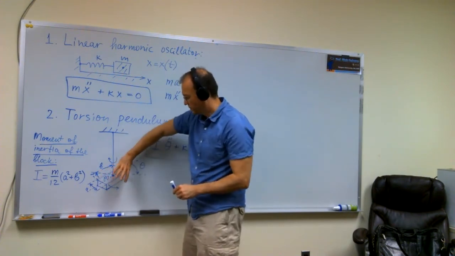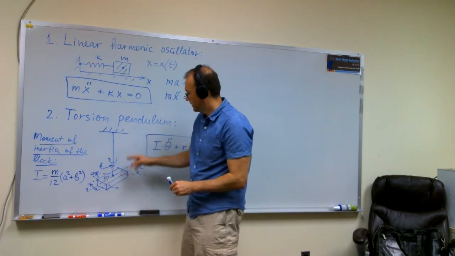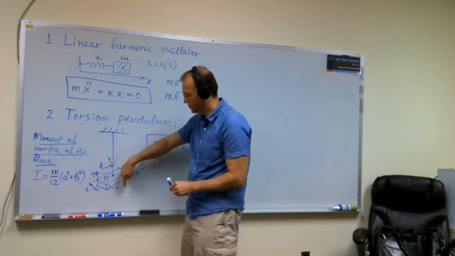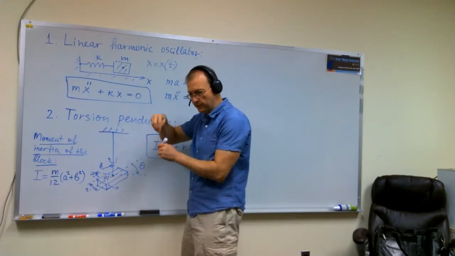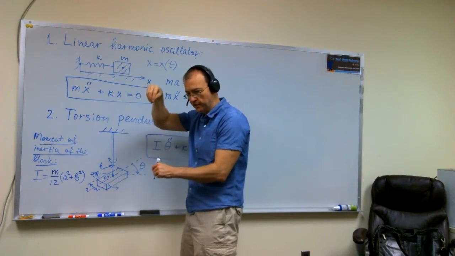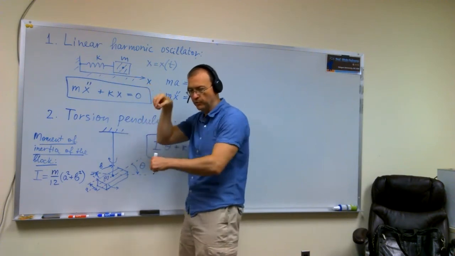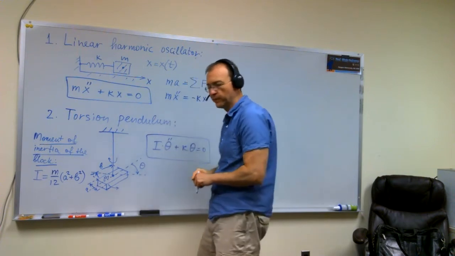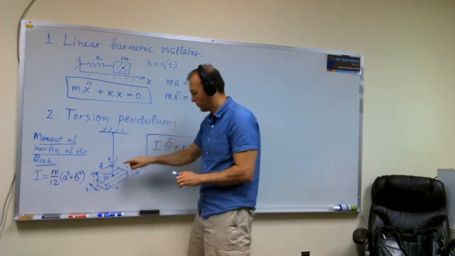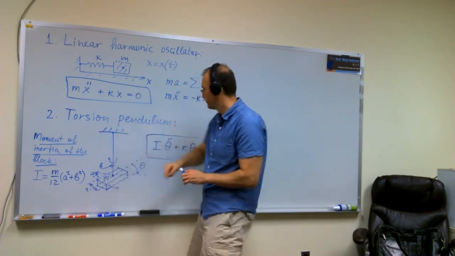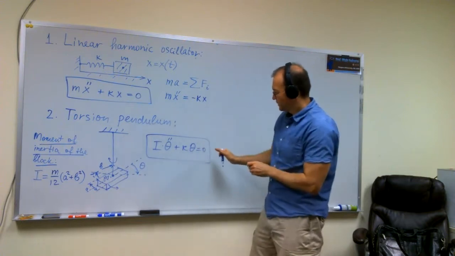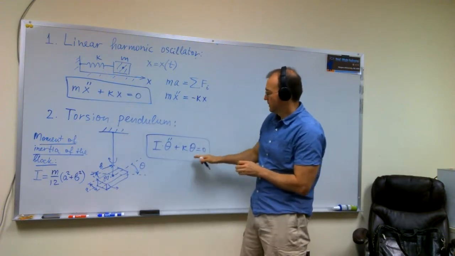And these rotations are caused by the torque that this elastic string exerts on the block, because the string has a certain rigidity, and it will try to return the block to the equilibrium position. So that causes these rotational oscillations of the block. Now, we wrote this equation that describes this motion.